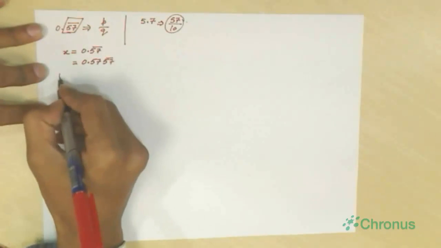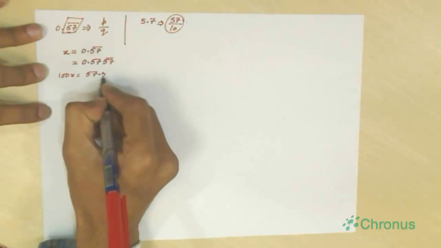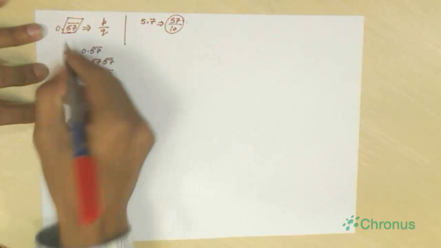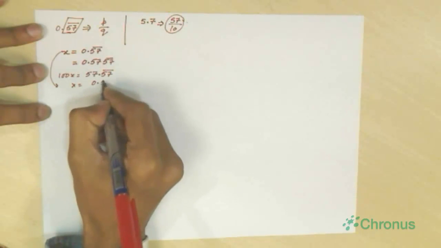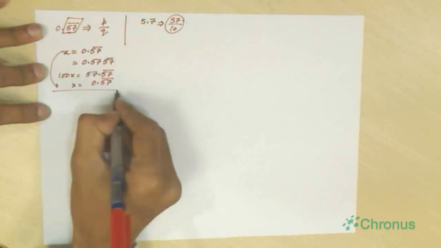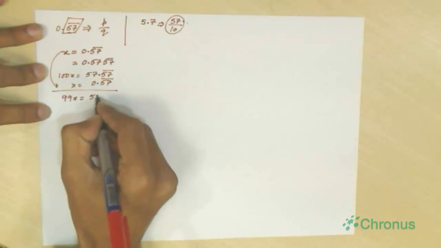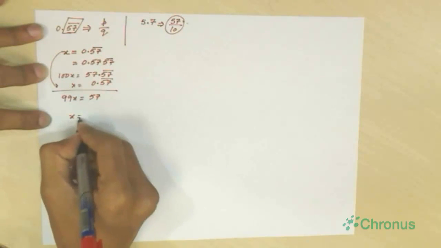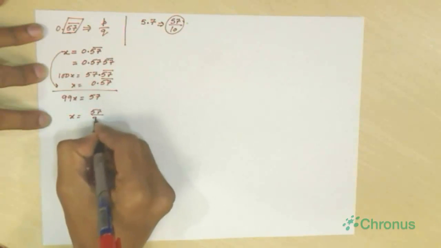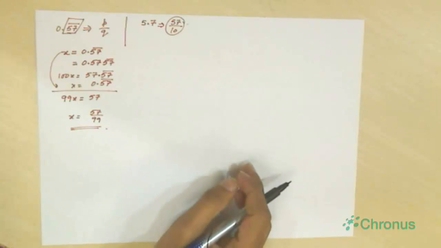So now what I can do is I can say 100x equal to 57.57 bar, and we know that x equal to 0.57 bar. Now if we take the difference, we get 99x equal to 57. These two get cancelled. So we can say x equal to 57 by 99. This is the way we convert a recurring decimal into a fraction.